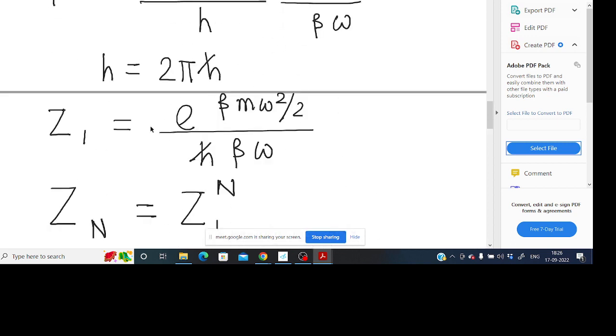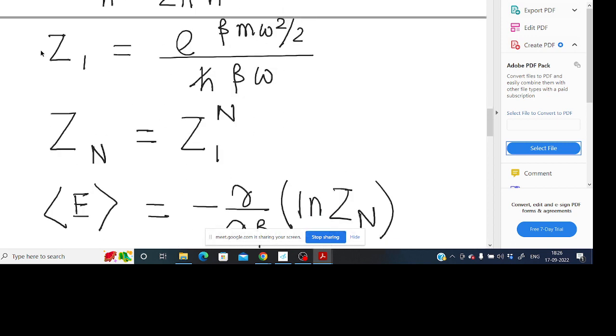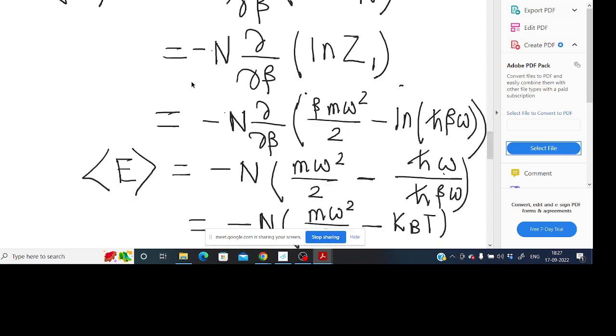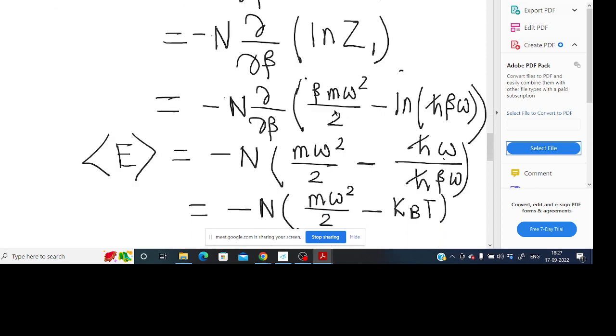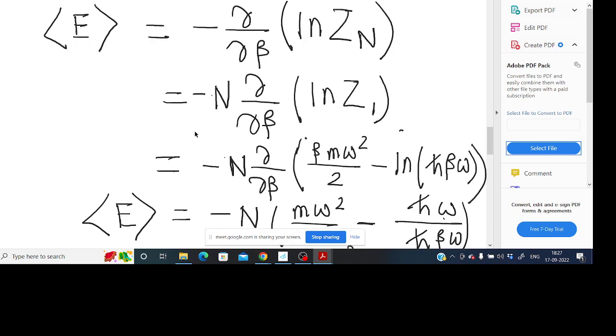Now Z1 is equal to this thing. If you take log on both sides, then you will get log Z1 equal to beta m omega square by 2 minus log h cross beta omega. Okay, clear? Yes, sir.